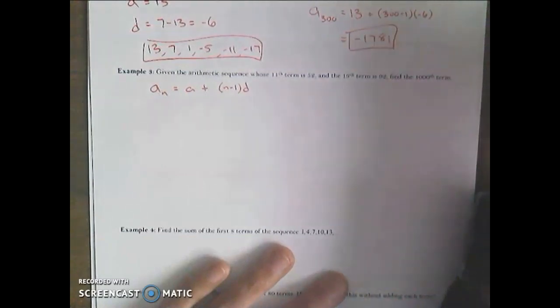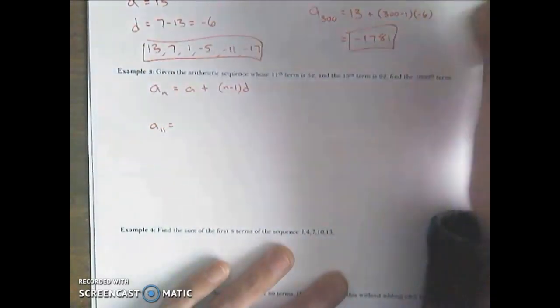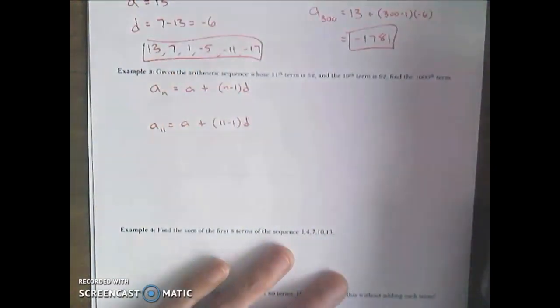We know that the 11th term, so a11, is 52. We don't know what a and d are yet, but we know that we're at the 11th term. So plugging that in, we have a plus 11 minus 1 times d, and we know that that's equal to 52.